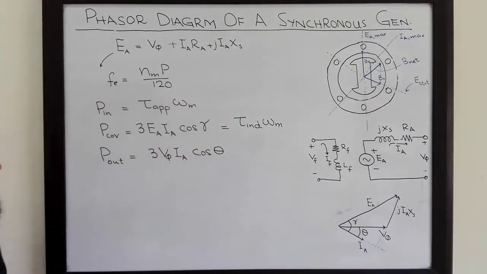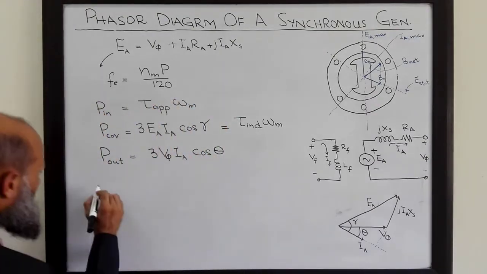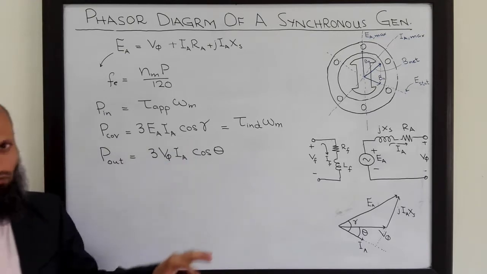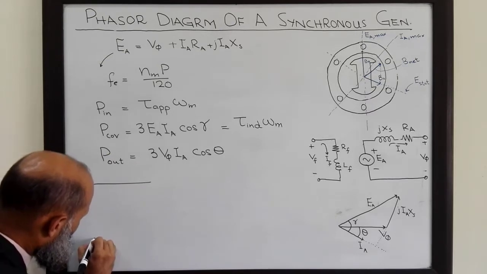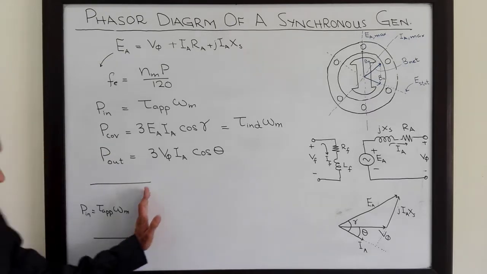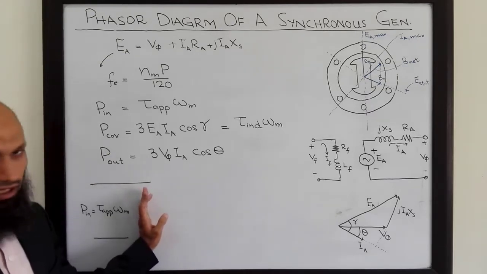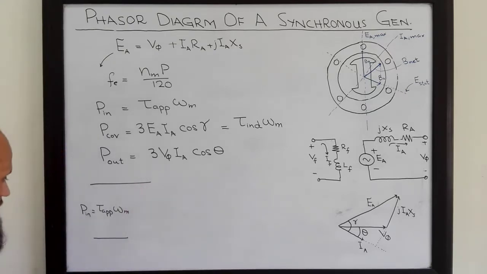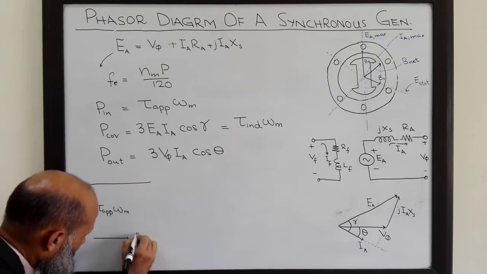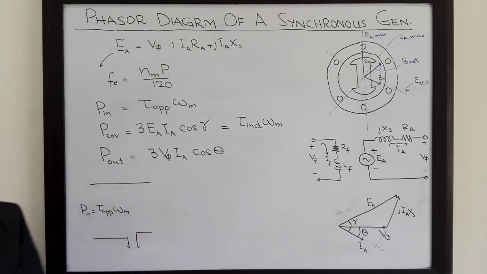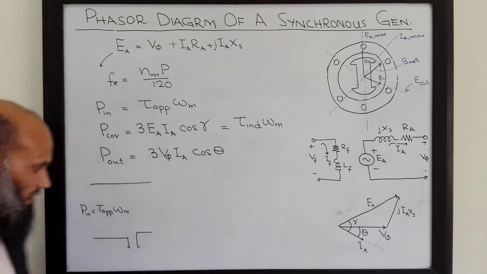If we sketch the power flow diagram, we have a situation similar to the case of DC machines as we discussed earlier. We have some input power. Not all of that power is converted into electrical power. Some of the power is consumed to overcome losses which cannot be categorized into the other categories.